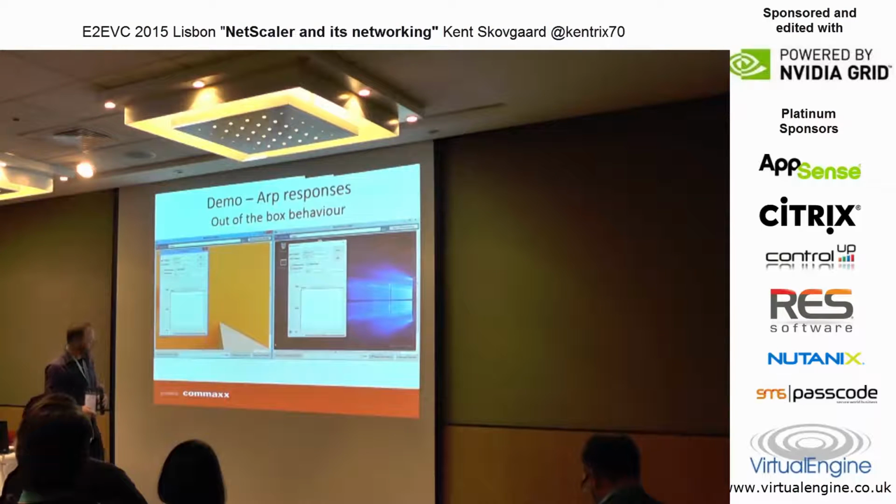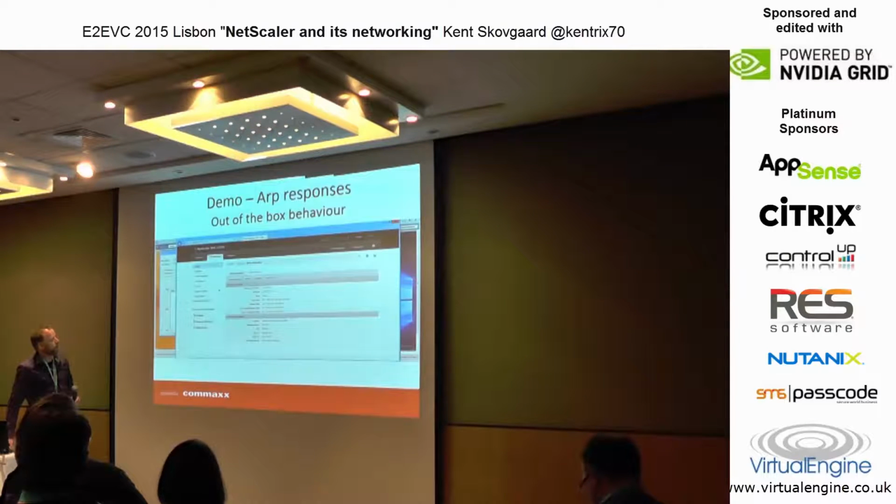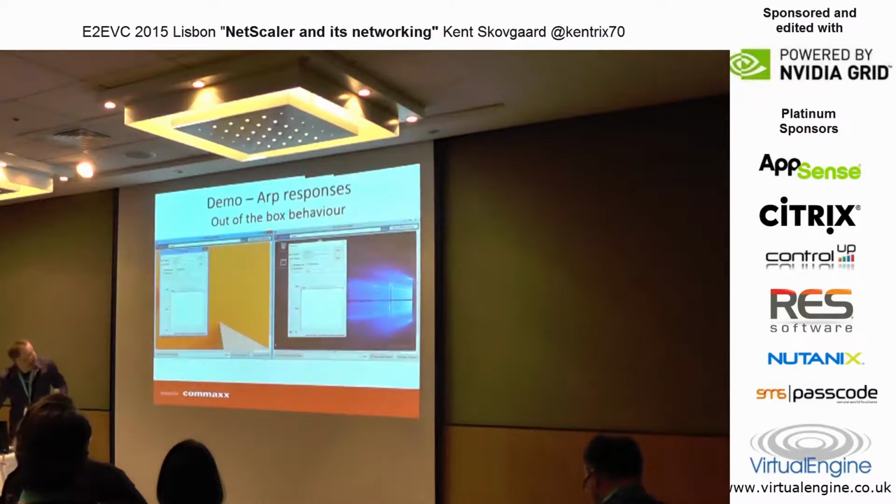Yeah, so let's move on to the demo. So I have an ARP request application that I put on both machines, and I just quickly want to show you. Just a second.